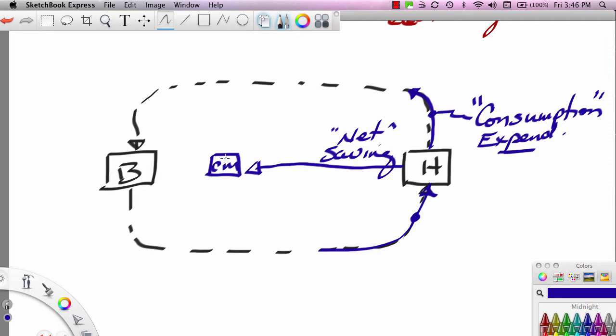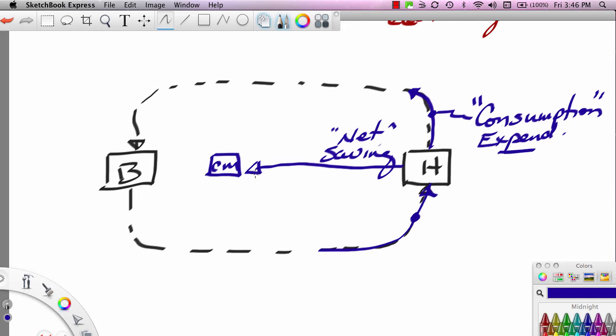It's made up of many, many different types of institutions. We don't have time to go into all of this. But the point I do want to make is, out of current income, when households save, there are vehicles for that saving. There are ways for that saving to take place. For instance, the household could put funds into a bank account.